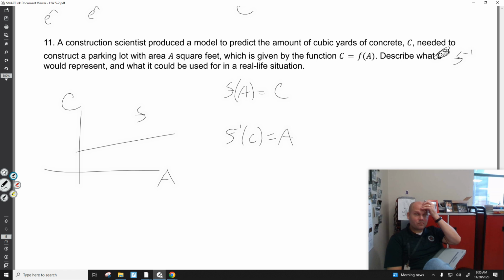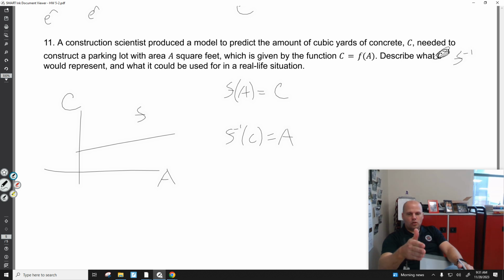Let's say Home Depot's got some sort of sale on concrete. They're like, yo, we'll give you this much concrete right now if you buy it in bulk. Well, what you could do is reverse engineer and be like, oh, if I buy this much concrete, I have this much concrete to handle this much area.